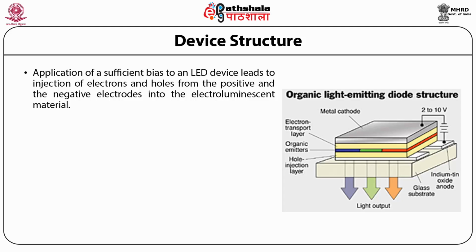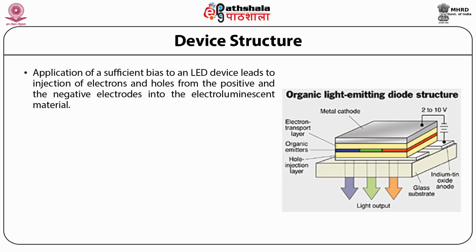In the context of organic devices, the simplest form of an organic or polymer LED device may contain a single layer of an electroluminescent material called the emissive layer, which is sandwiched between two electrodes, anode and cathode, for example, indium tin oxide (ITO) and calcium or aluminium respectively, as shown in the figure below.